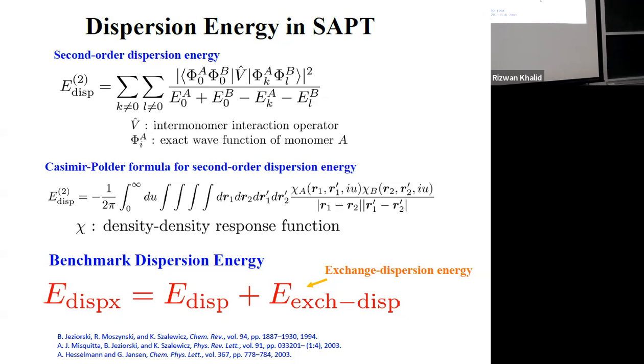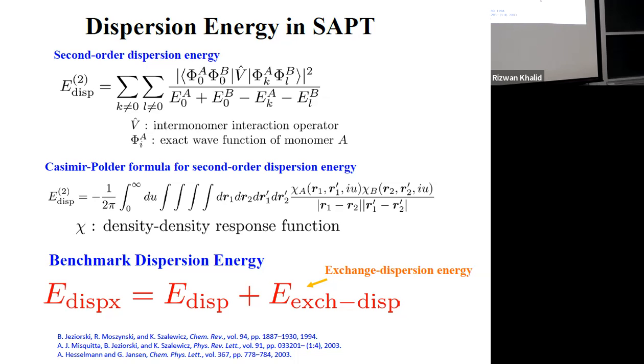The difficulty in this kind of expression is that it involves integration over 3 here and 3 here and 3 here and 3 here, 12 spatial dimensions and 1 frequency.